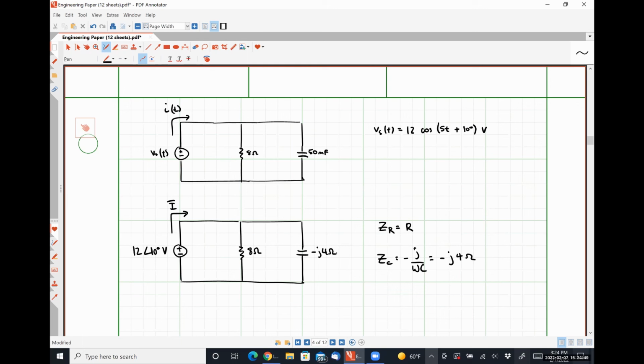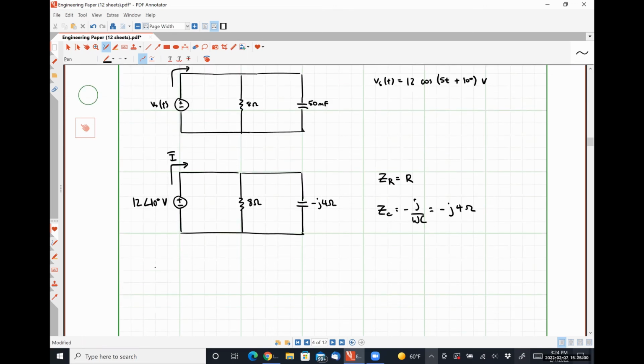So if I wanted to get that current I, phasor quantity there, I could say, using basic circuit analysis techniques, that this is simply 12 angle 10 degrees volts divided by the equivalent impedance of that 8 ohm resistor in parallel with that negative j4 ohm capacitor.